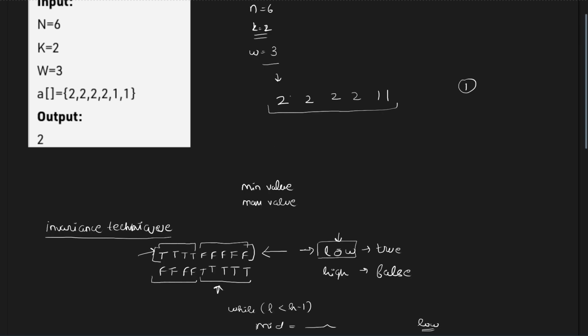If I water this particular plant for 1 day, since the value of W is 3, the height of the other two plants that are contiguous to it will also increase by 1, right? So I'll also have to store this information somewhere. Otherwise, when I come to the second plant, I see that the value is 2, but actually its value should be 3, right? So I'll have to store this particular information somewhere.